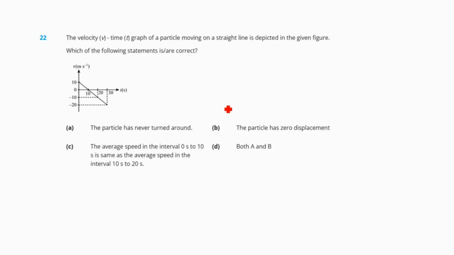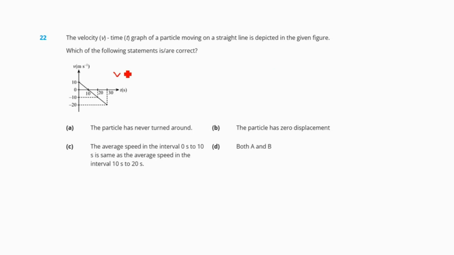Question number 22. The velocity time graph of a particle moving on a straight line is depicted in the given figure. Which of the following statements is or are correct? So let's see. Here, the direction of the velocity is changing in the velocity time graph, which depicts that the particle has turned around, right?